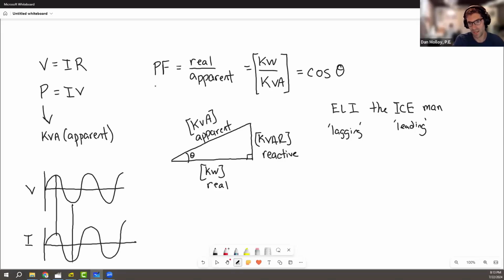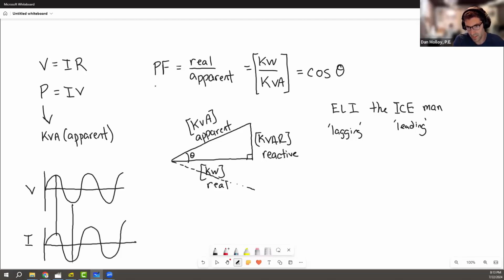And then in terms of the triangle, the power factor is always a positive number between 0 and 1. And it's always the ratio of the real power to the apparent power. So how come that number isn't different if you have a leading power factor versus a lagging power factor? Well, what happens is the power factor triangle gets mirrored about the horizontal axis.